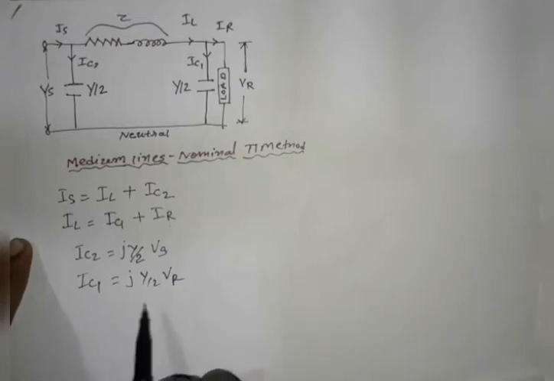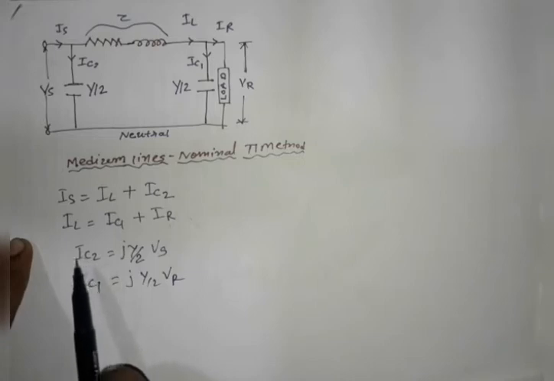Now we have the values of both capacitor currents IC2 and IC1.